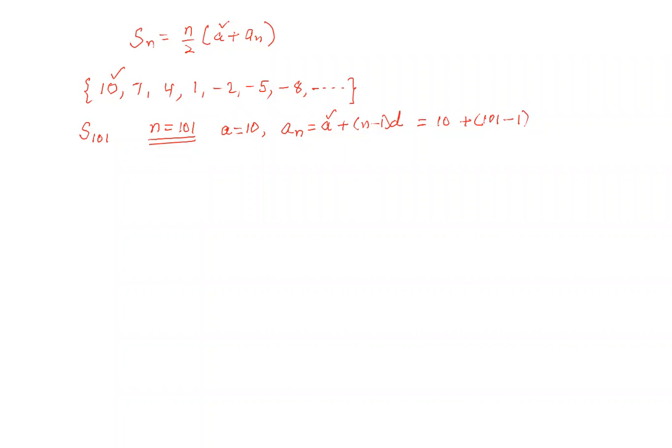So what is the difference? You go from 10 to 7, 7 to 4, 4 to 1, 1 to -2. So the difference is 3, okay, D is -3. So you put -3 here.